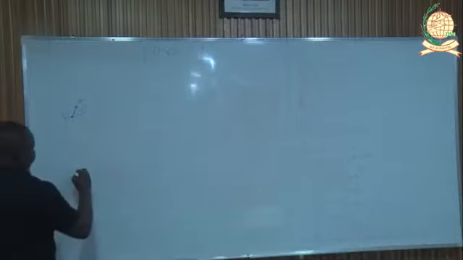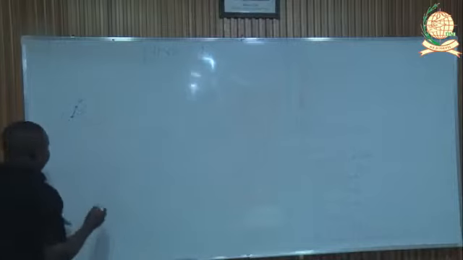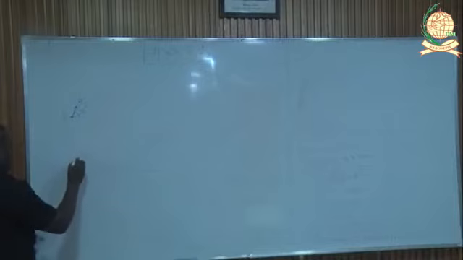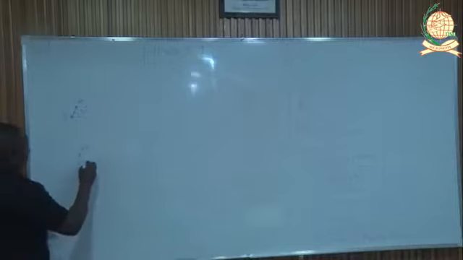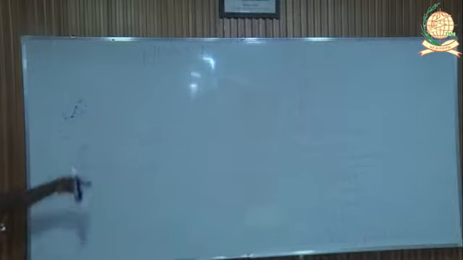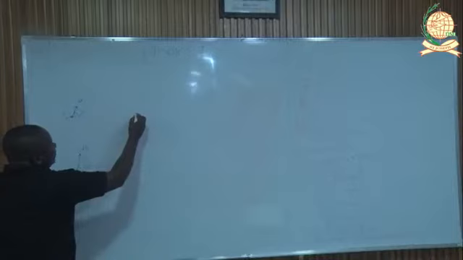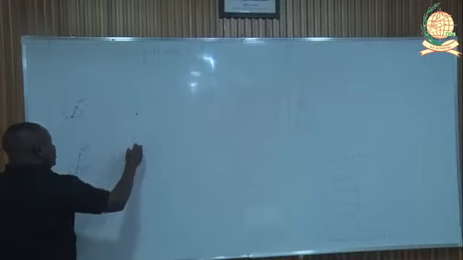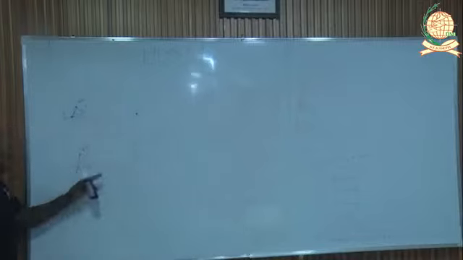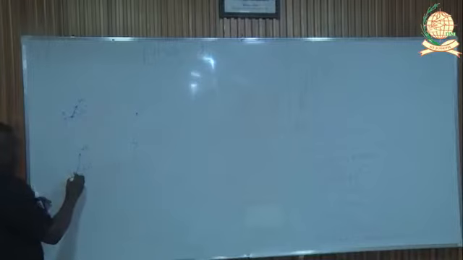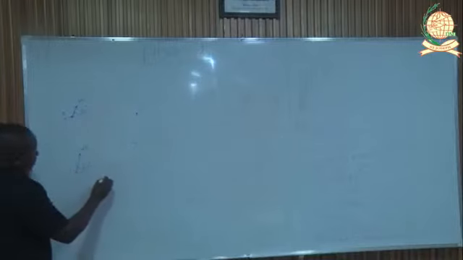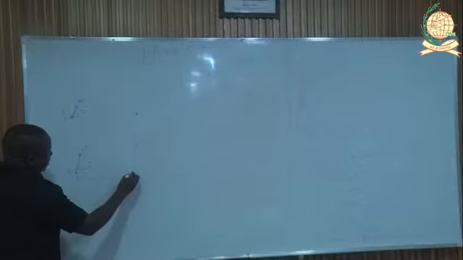Another particle is projected from this point with v naught B at angle 60. So the two particles are projected simultaneously. After some time, they will collide at this point P. At the point P, both particles have traveled a distance y in the vertical direction and the distance xc in the horizontal direction.